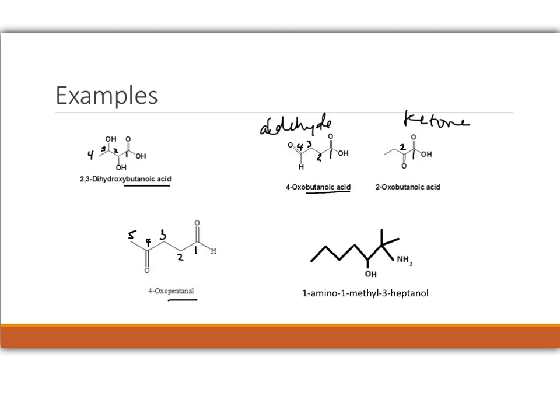If we go this way, 1, 2, 3, 4, 5, 6, 7, that gives me a 3 on the alcohol. Going the other way, it goes 1, 2, 3, 4, 5, that's a higher number. So I want to use the red numbering, which is why it's 3-heptanol. And then I add my other functional groups, which is the 1-amino and 1-methyl.